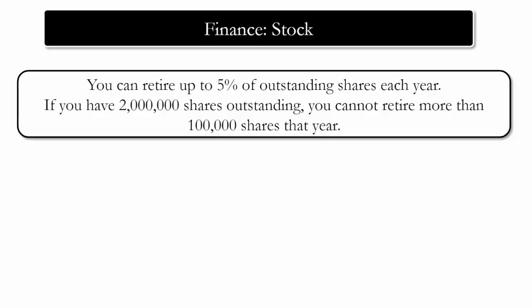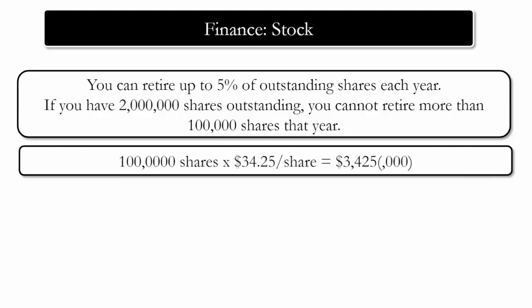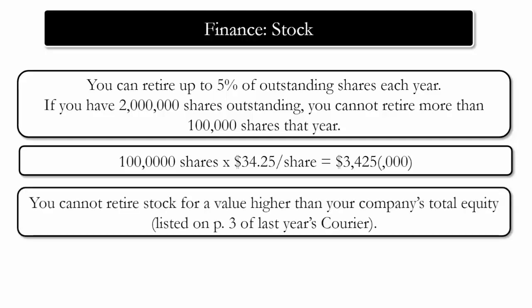The maximum number of shares you can retire is 5% of 2 million, which is 100,000. At a stock price of $34.25, this would cost you $3,425,000. If you decide to retire stock, you cannot exceed this limit, nor can the amount exceed the total equity of your company.